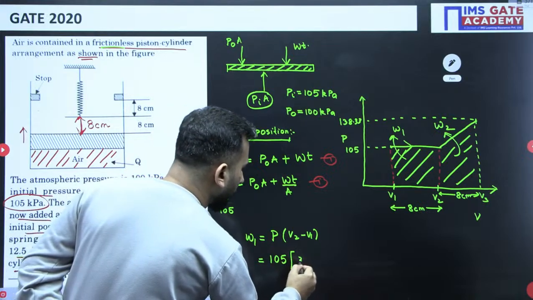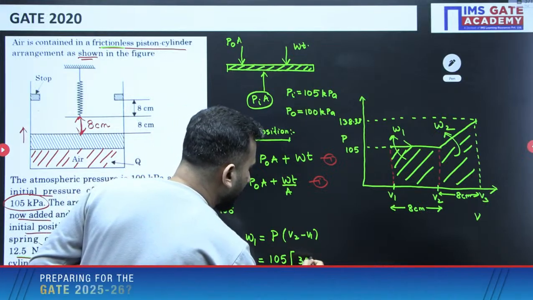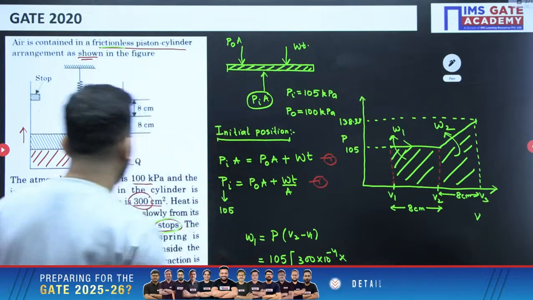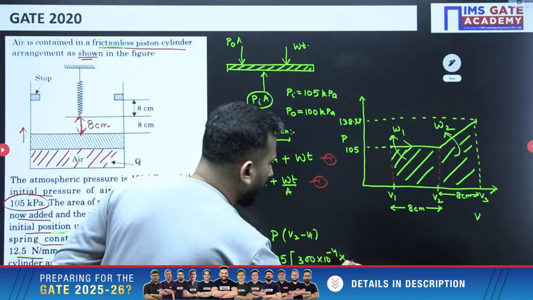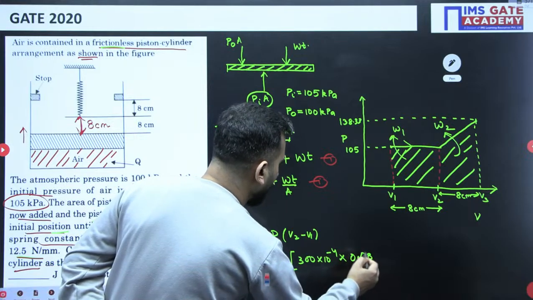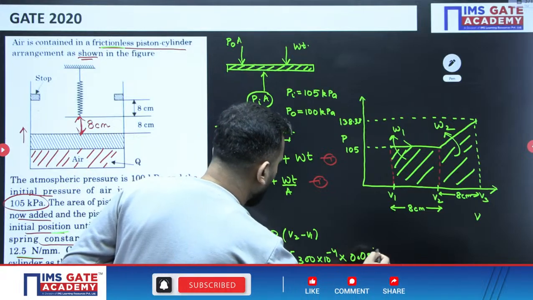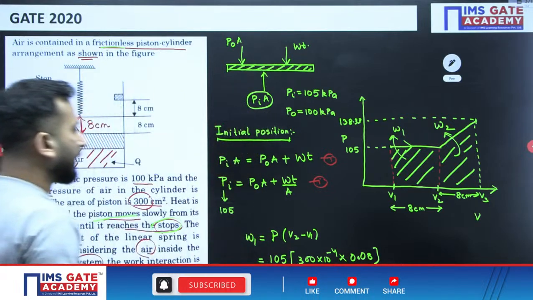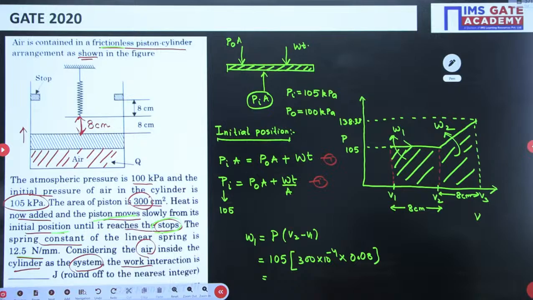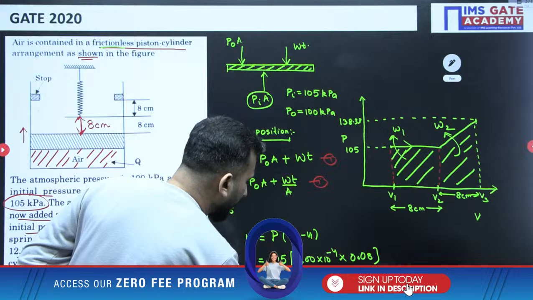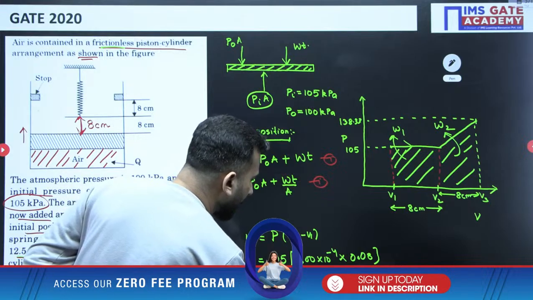So finally 300 into 10 to the power minus 4 is your meter square, and 0.08 meter, so that will make it meter cube. This answer will come in kilojoule, and it will come as 0.252 kilojoule.